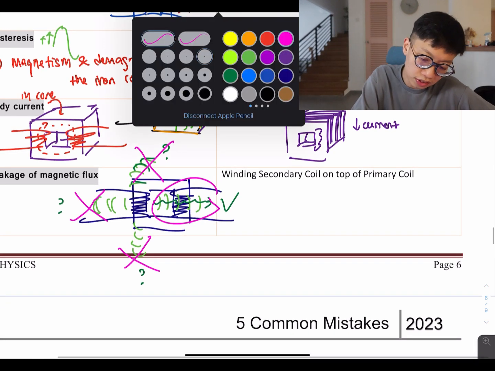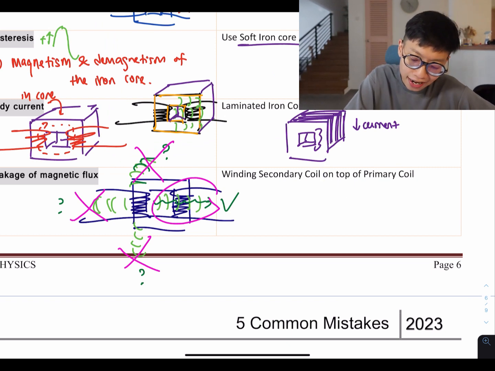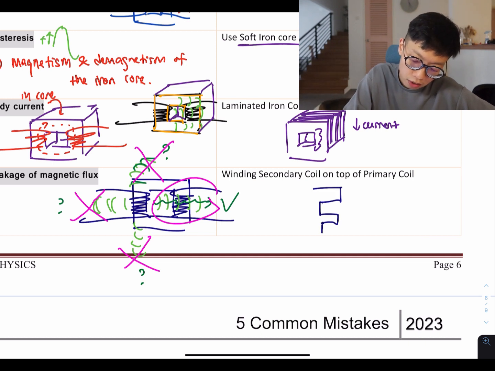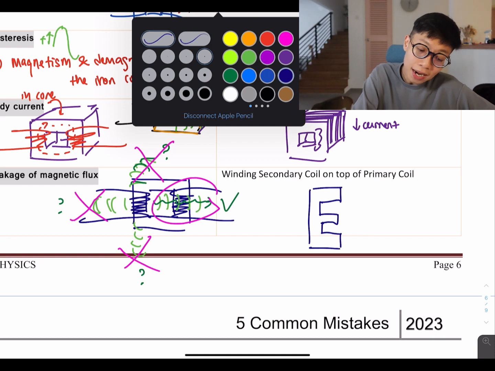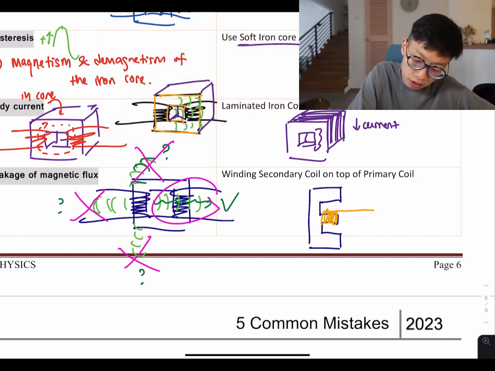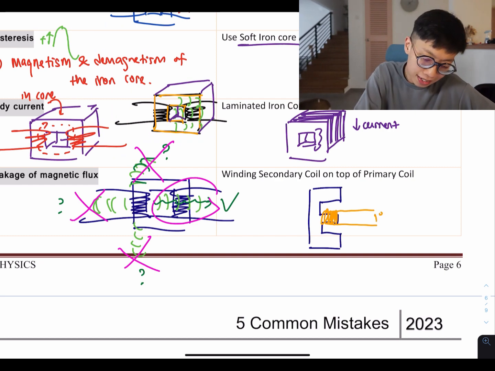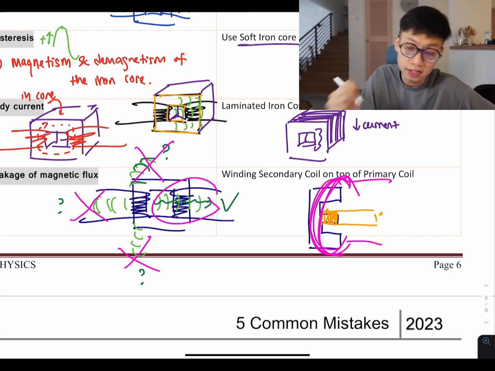So what is the solution here? Our solution is winding the secondary coil on top of the primary coil. What does this look like? You all see, my primary coil will be the middle coil here. This is my primary coil. My secondary coil will go around the outside like this.